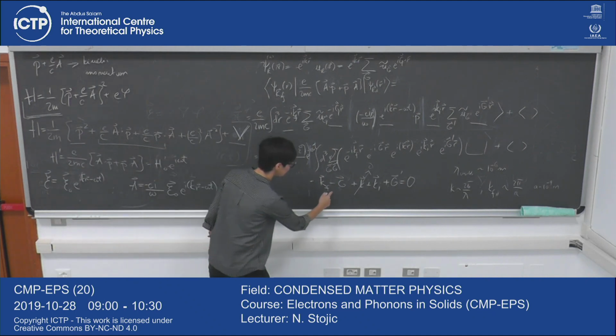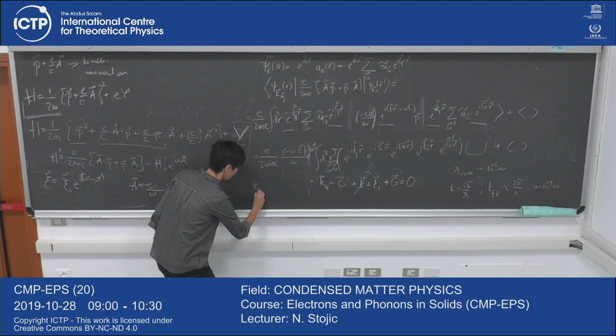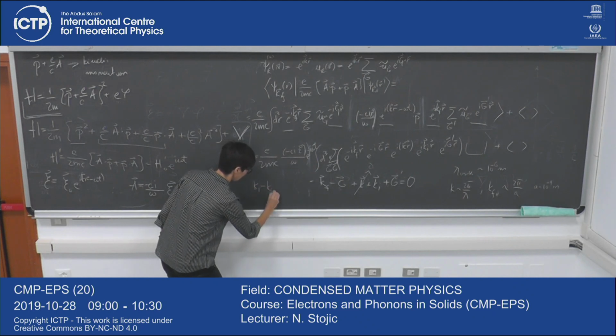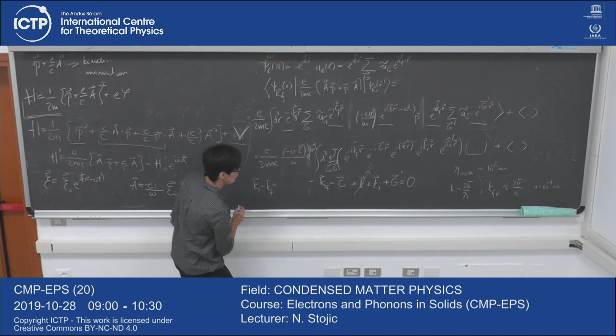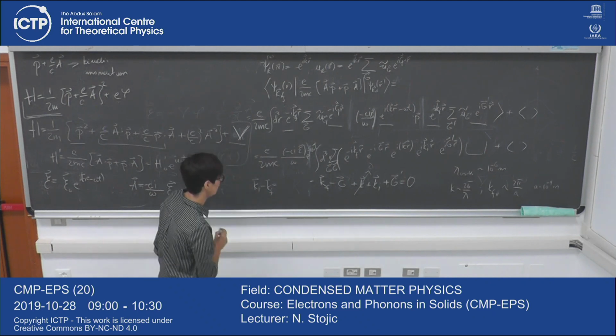So I'm getting a condition that Ki minus Kf should be equal to G minus G prime.